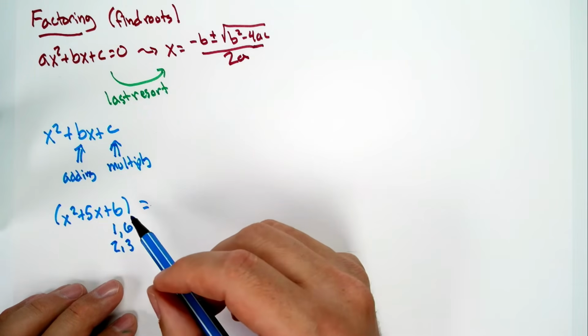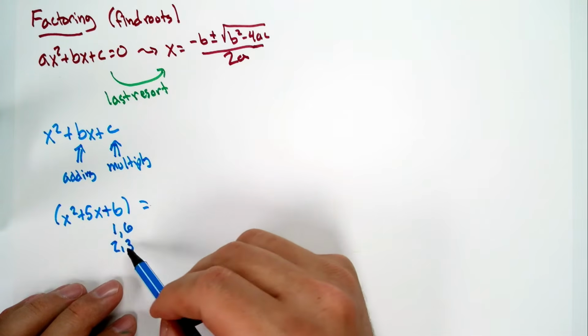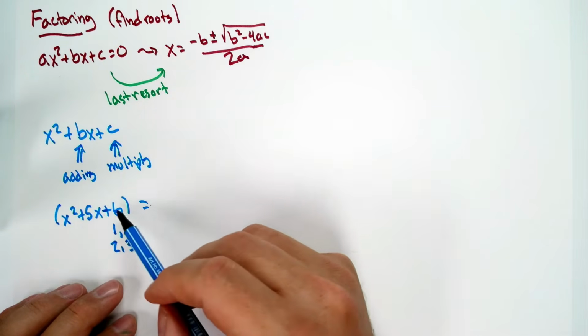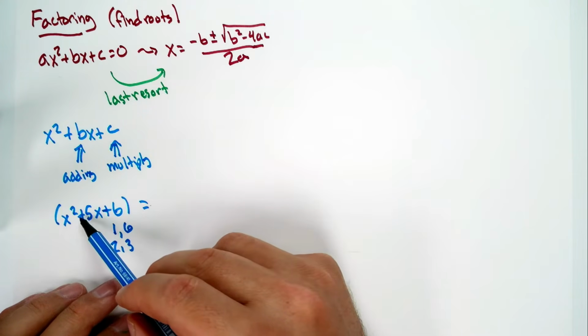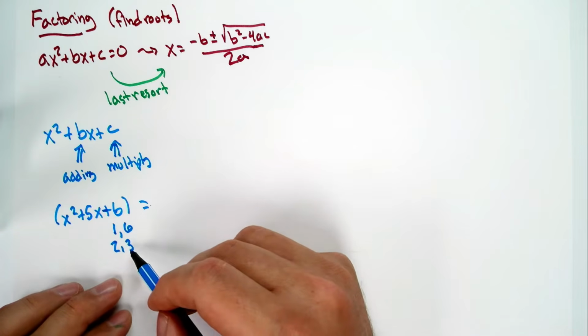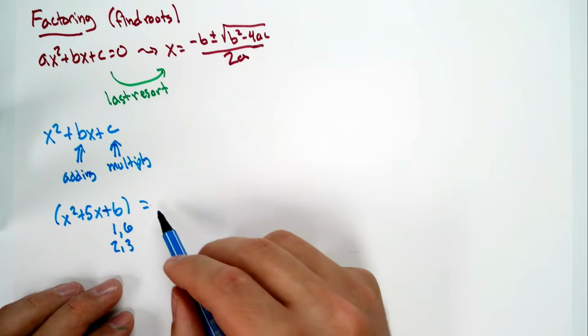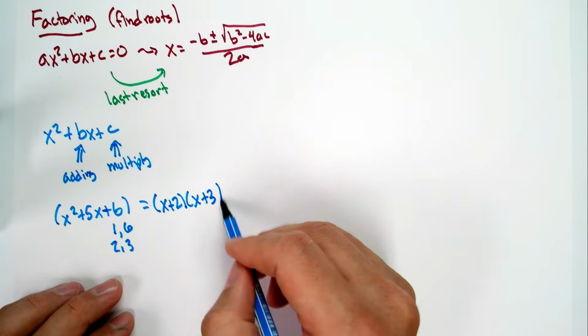So I'm looking for some combination. See that this is a plus. I want them to be the same sign, because they have to either be positive, positive, or negative, negative, and this is also plus, so positive, positive. So I'm looking for two things that add together to give 5. 2 and 3. Perfect. So that says this becomes x plus 2 times x plus 3.